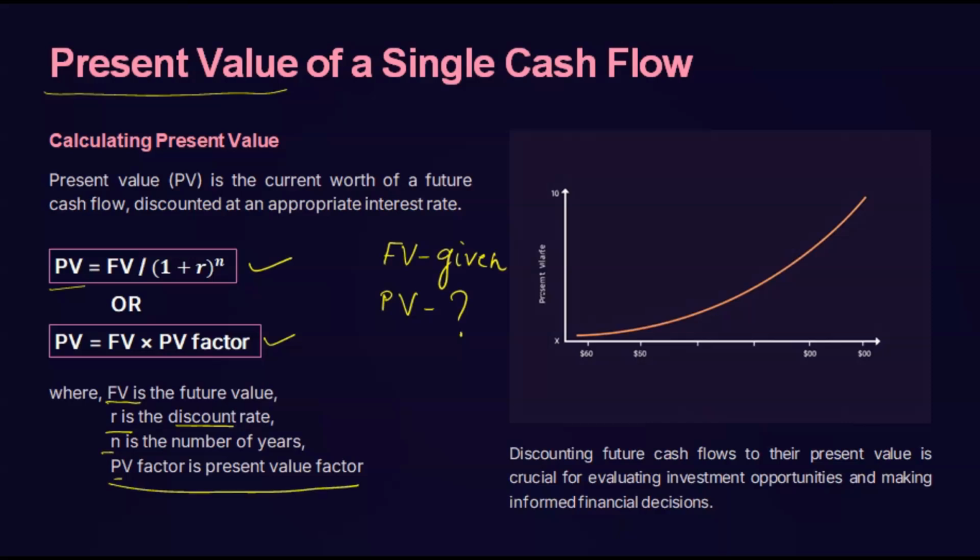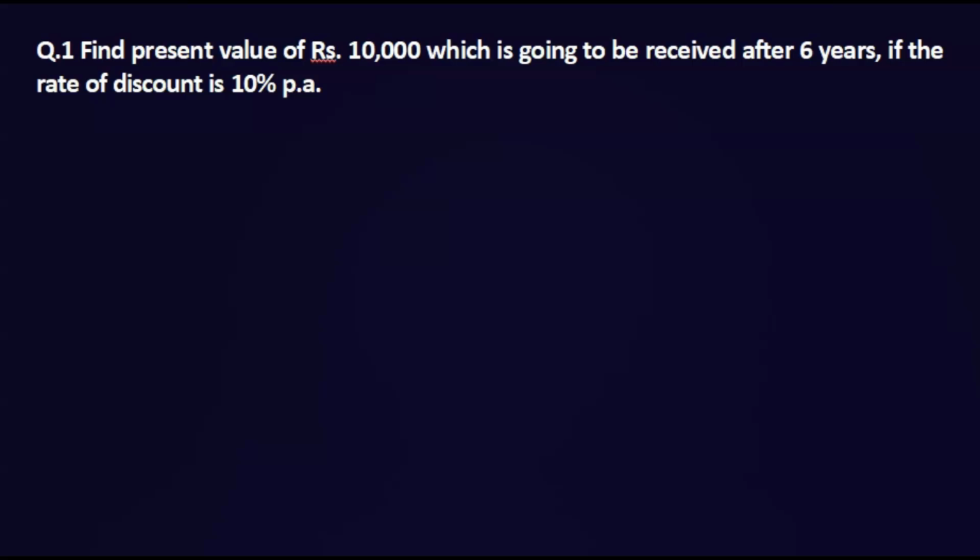So let's see the question. Find the present value of rupees 10,000 which is going to be received after 6 years, if the rate of discount is 10% per annum. First we'll write the given information. We have to find the present value of rupees 10,000 which is going to be received after 6 years. So 10,000 is the future value, which we are going to receive after 6 years.